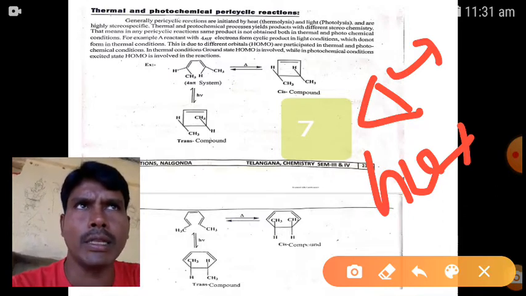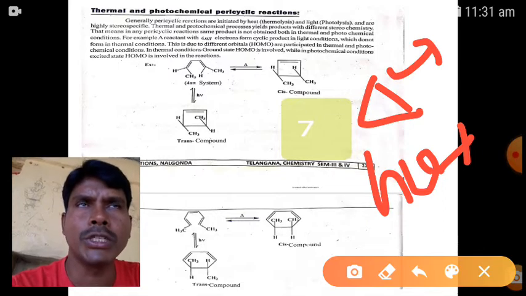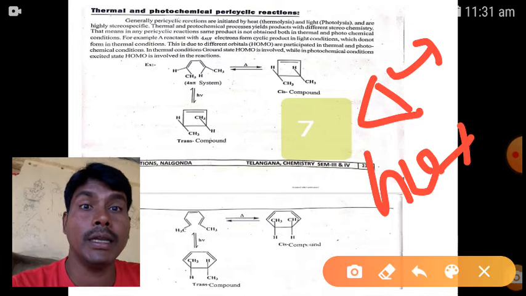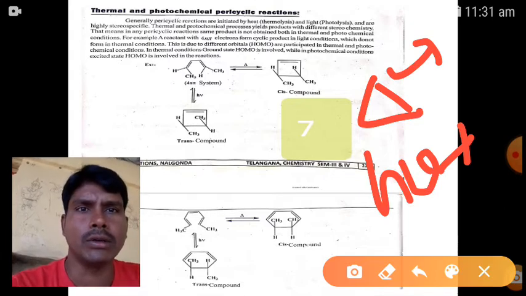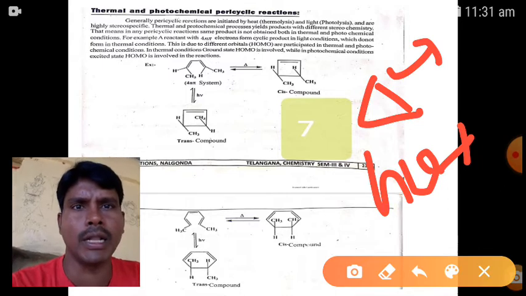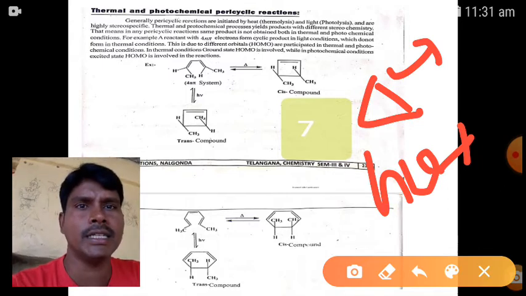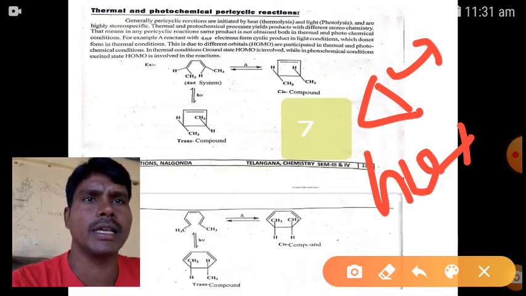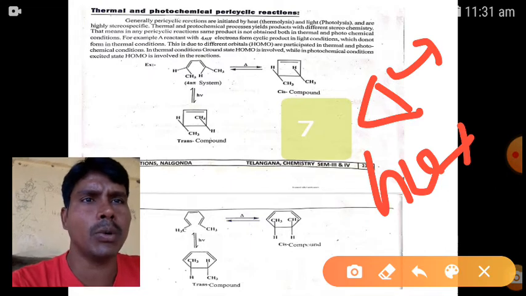Frontier molecular orbitals are selected from the ground state only in thermal conditions. But in photolytic conditions, the HOMO-LUMO orbitals, those are frontier molecular orbitals, are selected from the excited state. That's why the product changes.